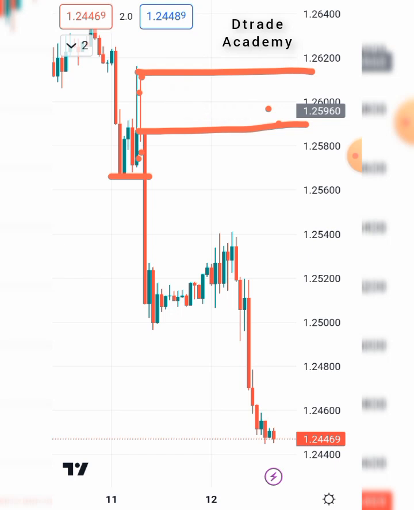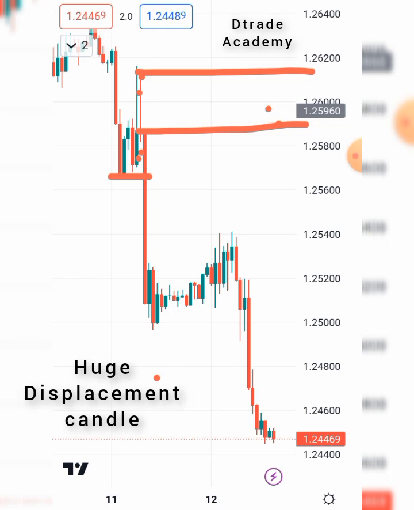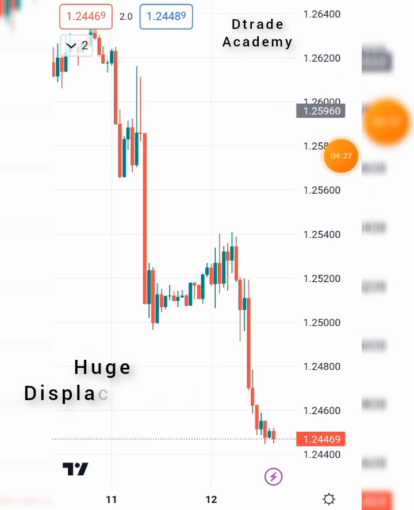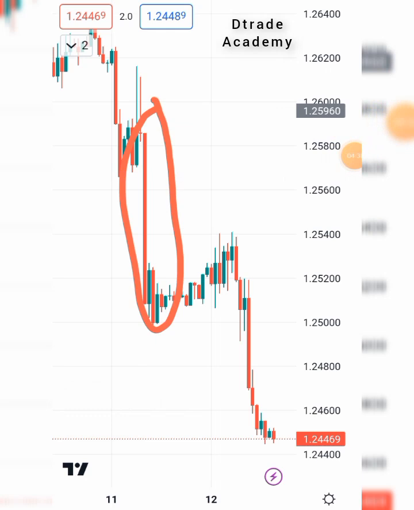But if you have waited using smart money concept, you stand to lose opportunities in this trade. ICT tells us that wherever we have a long candle, a huge displacement candle, which is always our fourth step in our rules, just like when you throw a heavy stone inside the water, the effect of the splashes. So ICT tells us that we need a huge displacement candle, which is this.